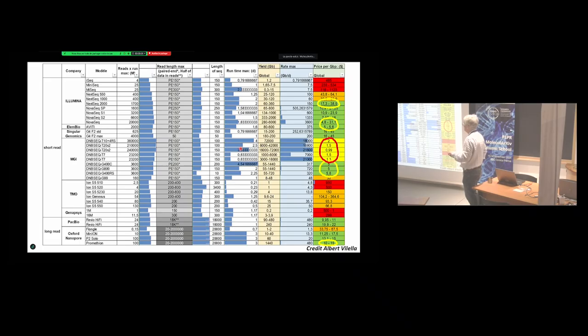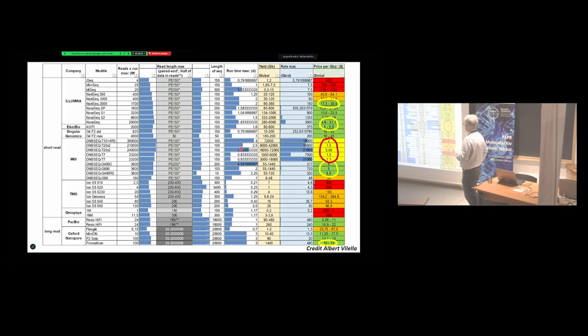There is this machine called AVITI, and it compares particularly well with the type of sequencer like the NextSeq 2000 that is found in a lot of different labs.